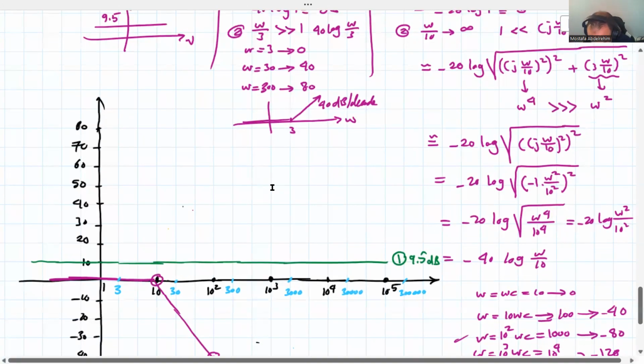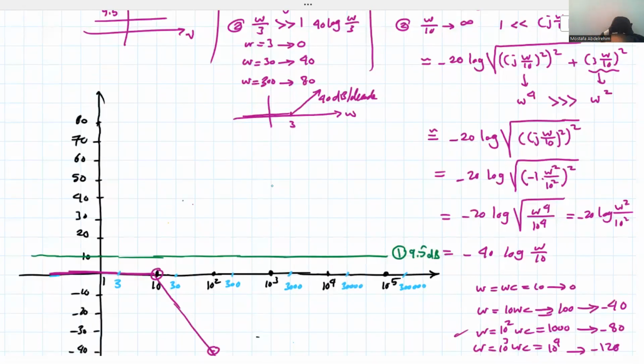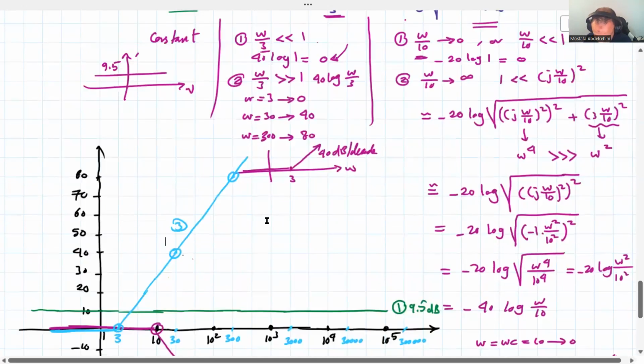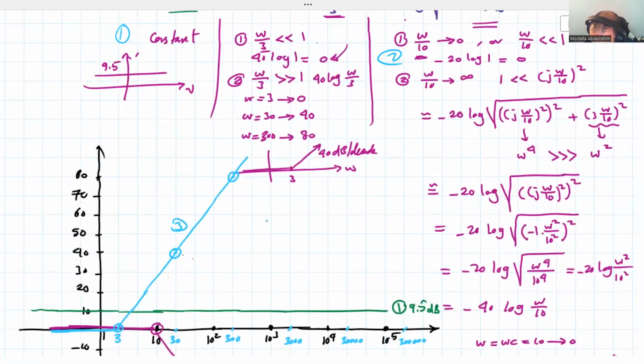Less than 3, we have a 0. At 3, we have 0 again. And then at 30, we have 40. At 300, we have 80. And you can stop. That's number 3 here. Good. That's number 1, number 2, number 3.